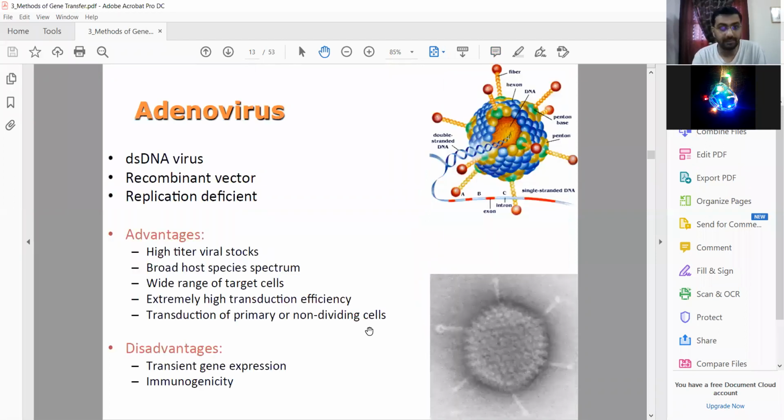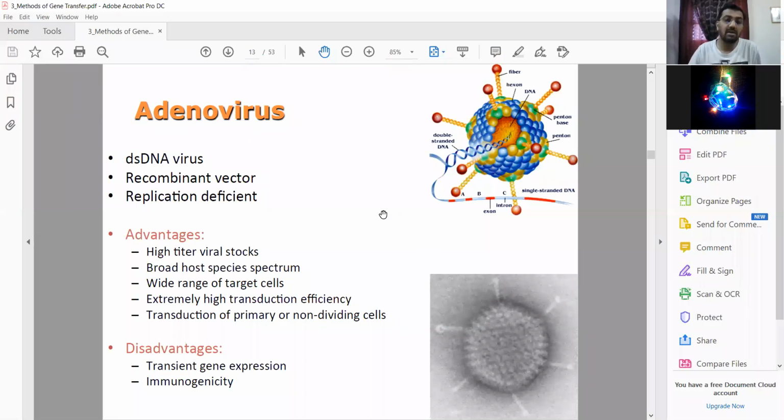So starting with adenoviruses, these are big viruses of almost 70 to 100 nanometer size, and these are double-stranded viruses. These are recombinant vectors. We call them recombinant vectors because certain adenoviruses could cause diseases.